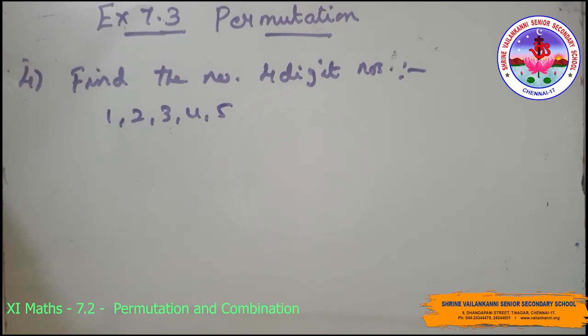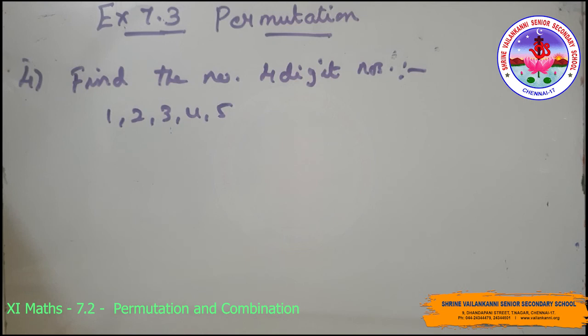Fourth question: find the number of 4-digit numbers that can be formed using the digits 1, 2, 3, 4, 5. If no digit is repeated, how many of these will be even? So you can use the formula nPr. So you have to form 4-digit numbers from the digits 1, 2, 3, 4 and 5. So using the nPr formula, we have 5 different digits taken 4 at a time.